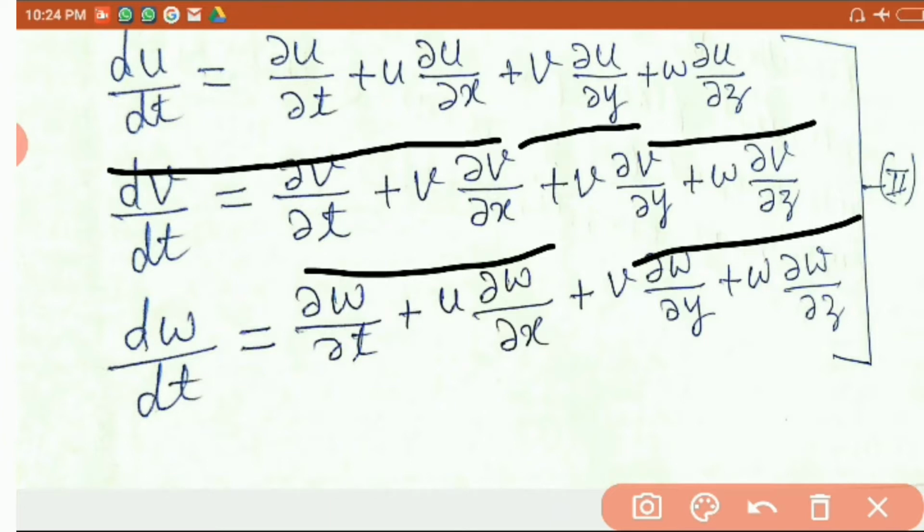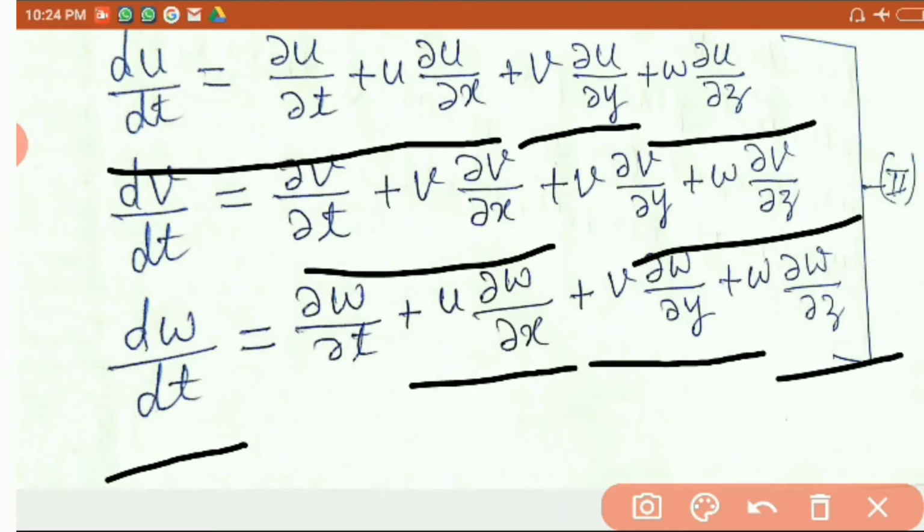Similarly, dw by dt is equal to dou w by dou t plus u dou w by dou x plus v dou w by dou y plus w dou w by dou z. This is the system of equations.